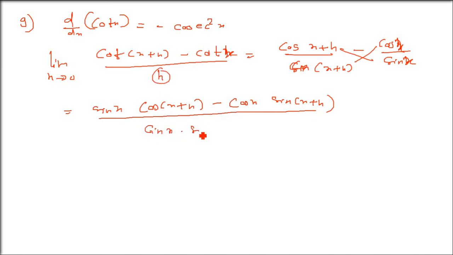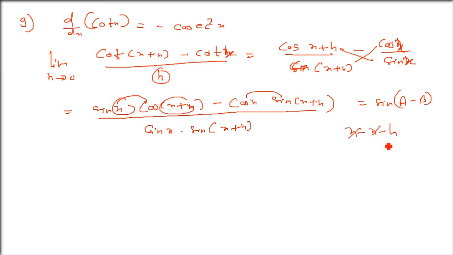Now you see the numerator, sin a cos b minus cos a sin b. This is sin(a minus b). So you have sin(x minus x minus h). X gets cancelled, you get minus h. So you have sin(minus h) divided by h, which is already there.